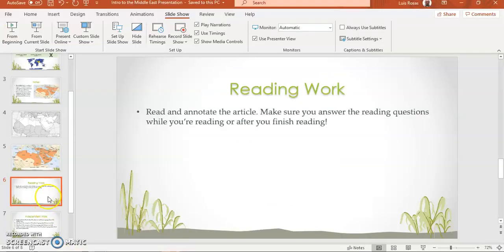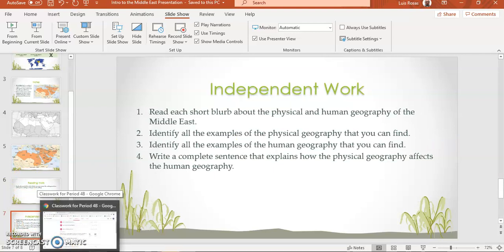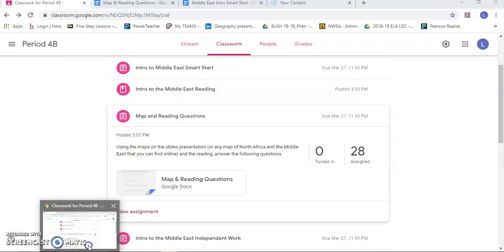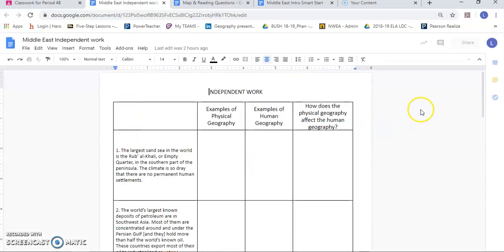Okay, so let's continue on with our reading. All right, then you're going to have some independent work. And that's going to be the next assignment. You're going to open it, and it's going to look something like this.